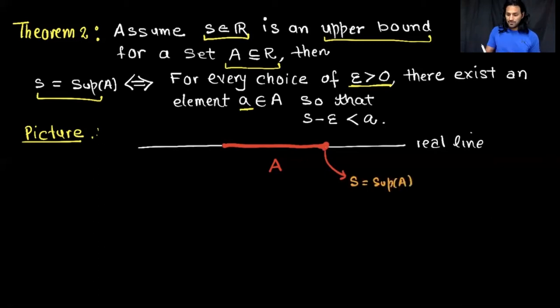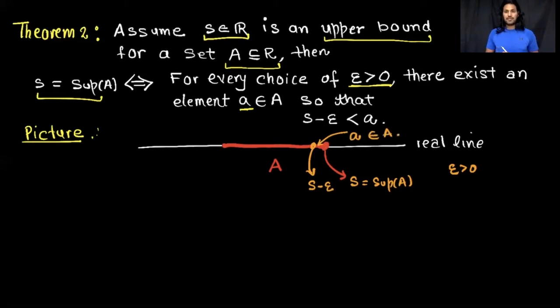And then epsilon is a positive given number. If you subtract that epsilon from s, this number will now be s minus epsilon. And once you subtract that epsilon, no matter how small it is, you can always find a number a which belongs to the set A. So this is the statement of the theorem.